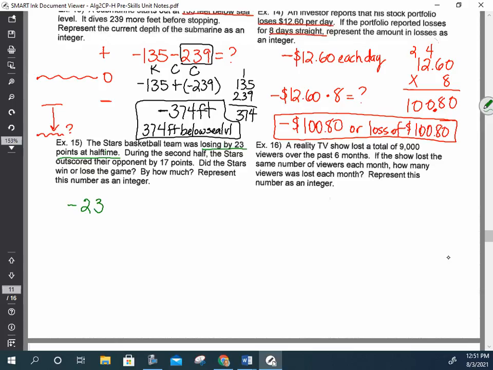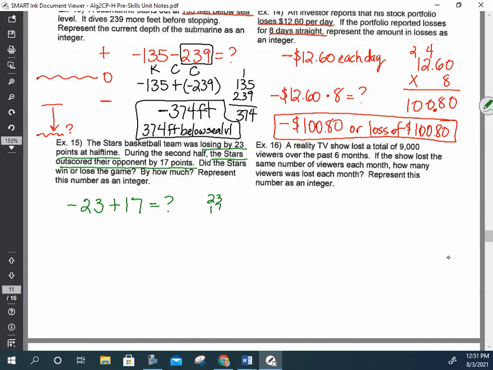During the second half, the Stars outscored their opponent by 17 points. So that means whatever their opponent had, the Stars had 17 more. So plus 17. So we have to work that out to determine whether or not they lost the game. So it's an adding problem. So negative 23 plus 17, you have a negative number plus a positive number.